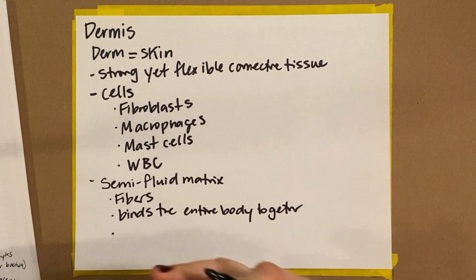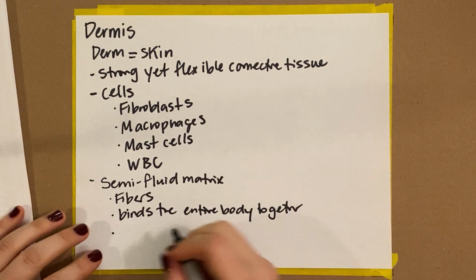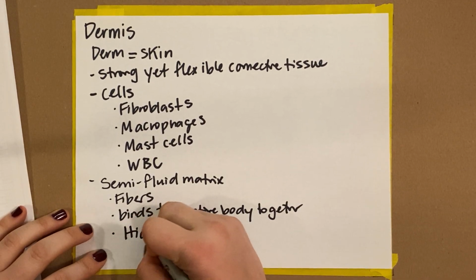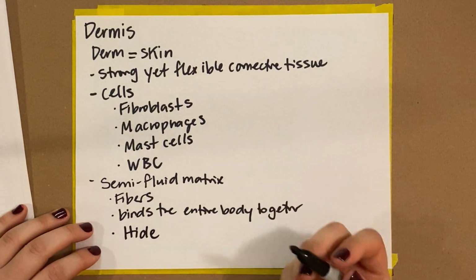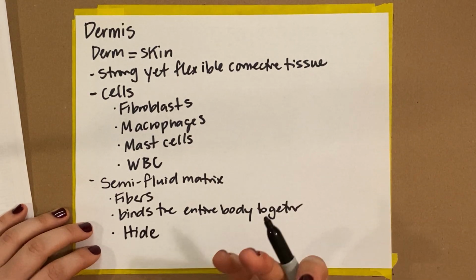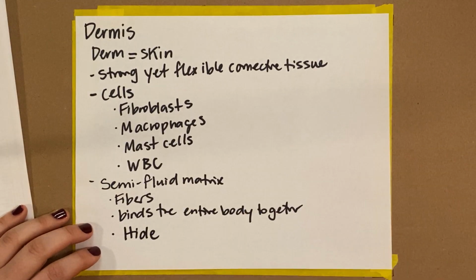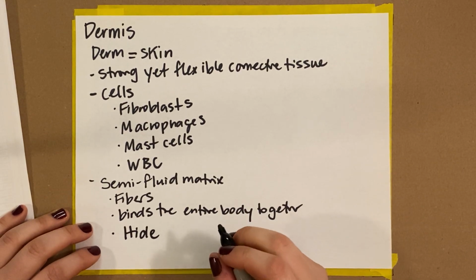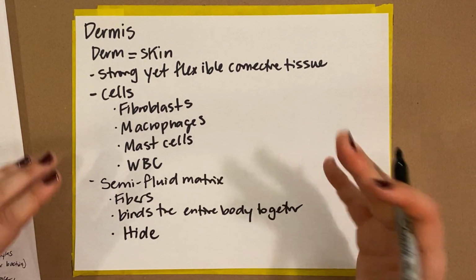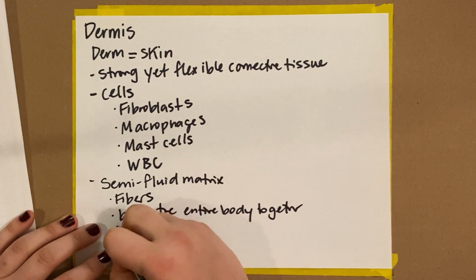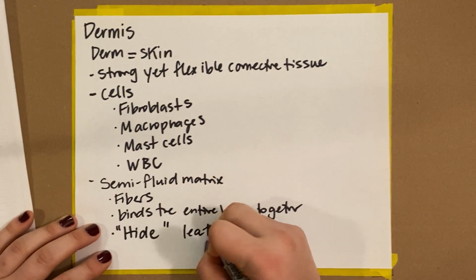So it would be our kind of leathery layer, sometimes called hide. It's going to be this tough connective tissue layer that is very important in holding everything in together.